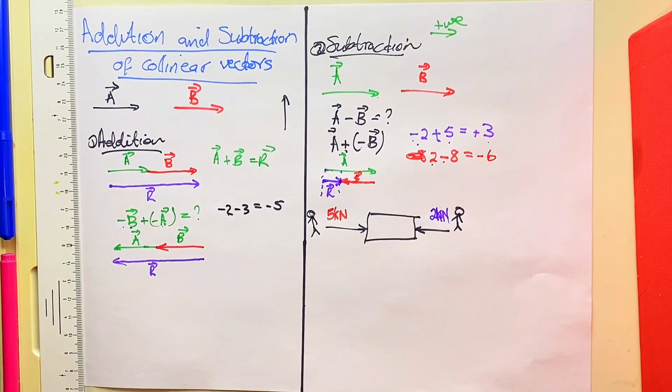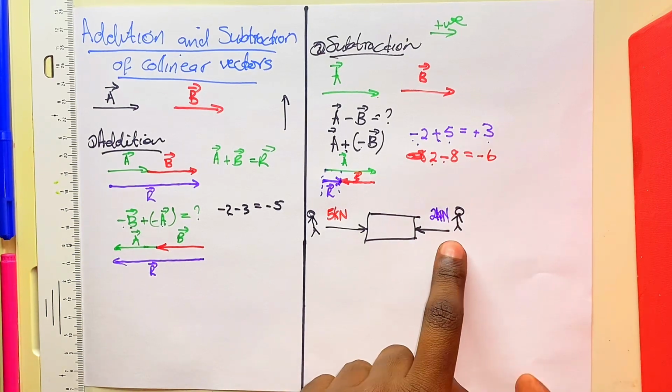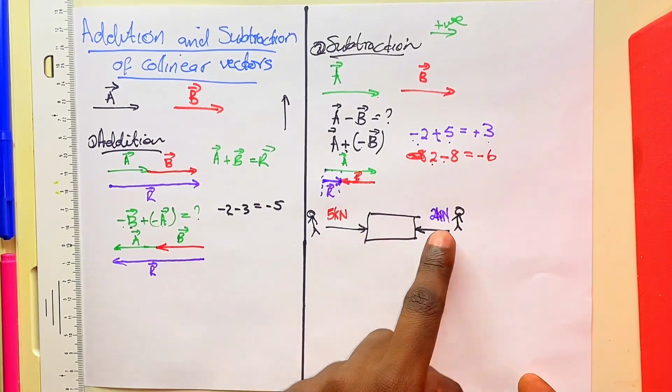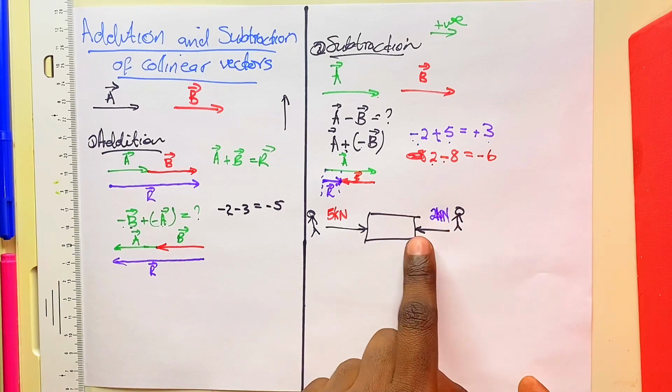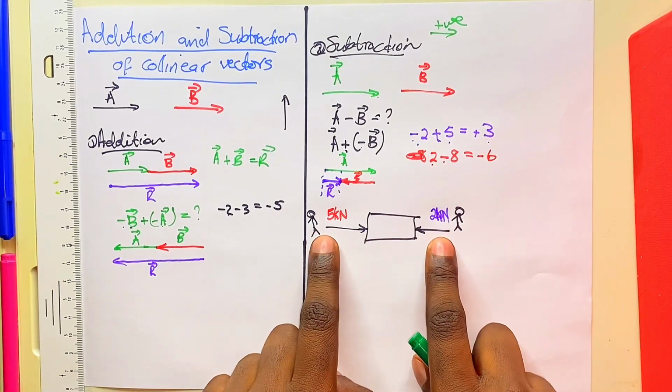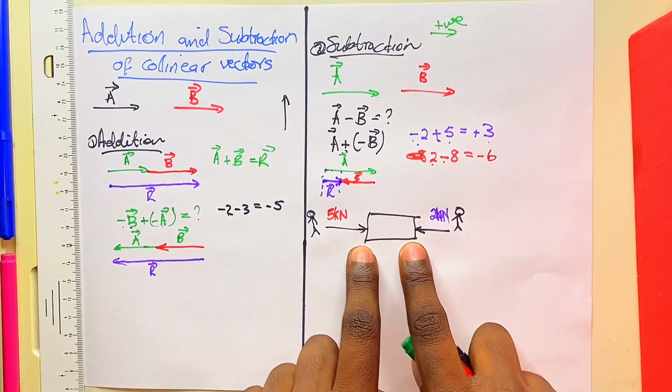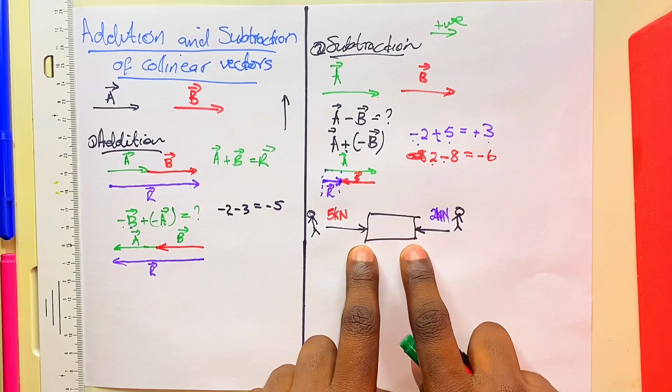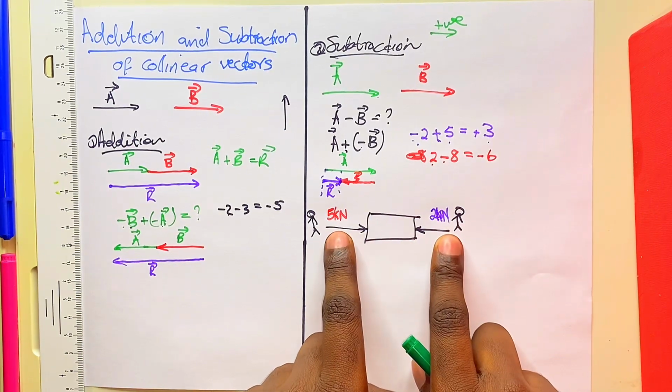Now, because this guy pushes to the left, that means his 2 kilonewtons are negative. These two vectors are going to subtract each other. Now we want to know if this box will stay where it is or will it move, and which direction will it move in if two people are pushing it at these two forces.